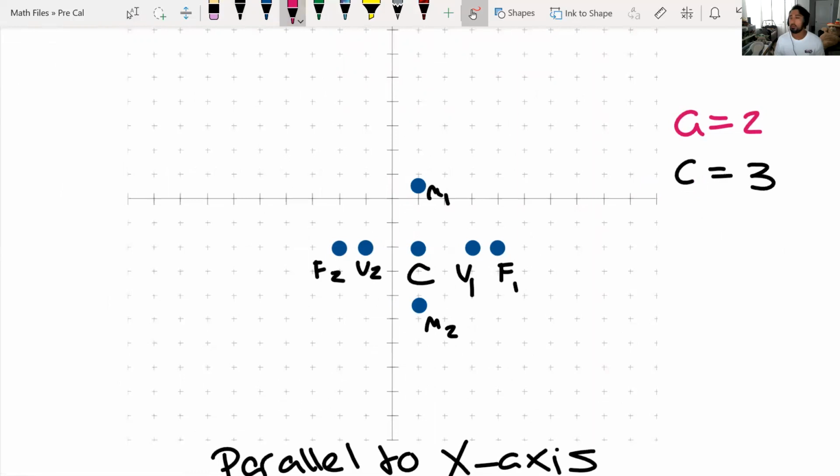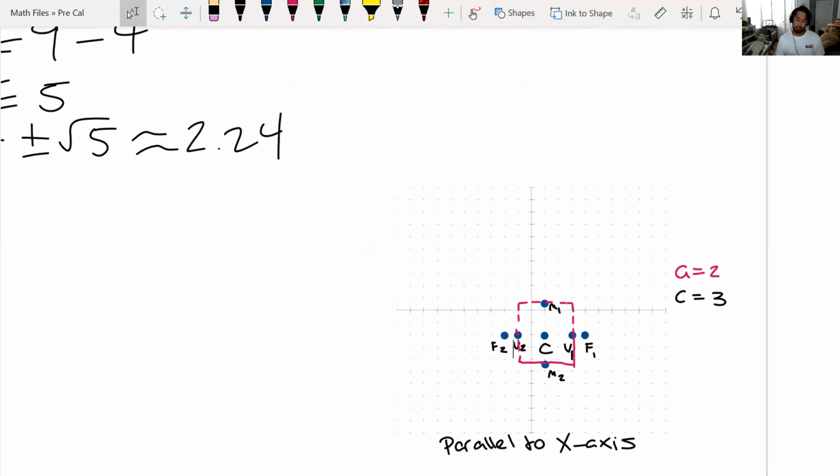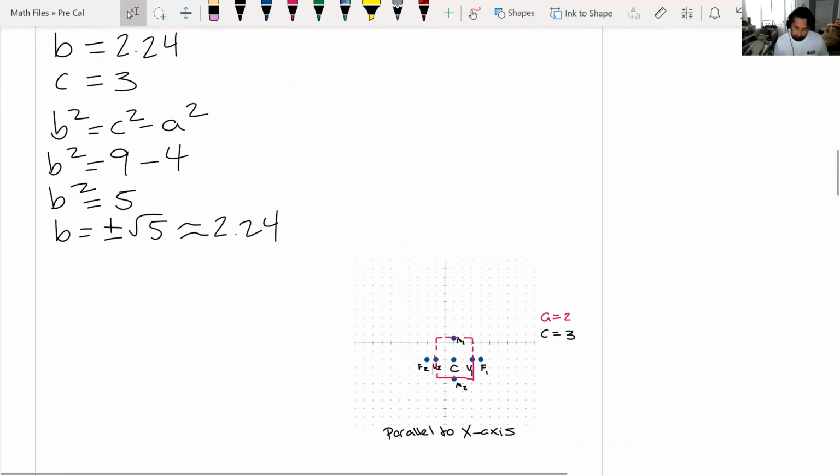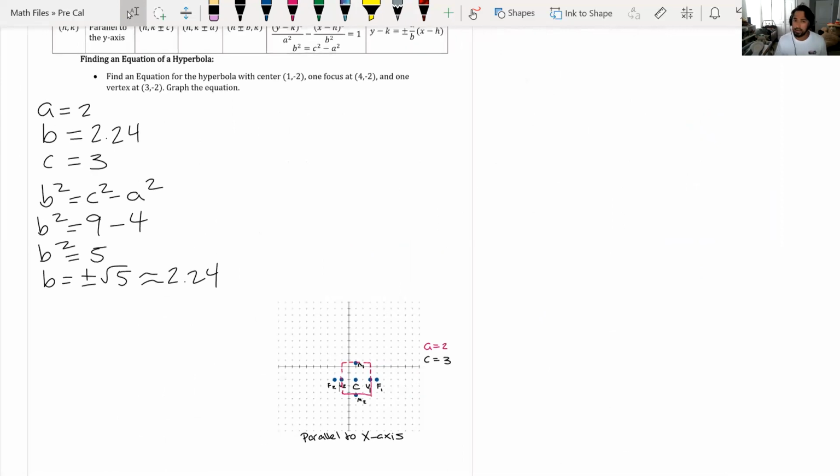And what I'm going to do right now is just draw the fundamental rectangle from vertices to minor points. This will just give us some direction on how our hyperbola should go. All right. But graphing is one thing. Let's go ahead and find the equation.